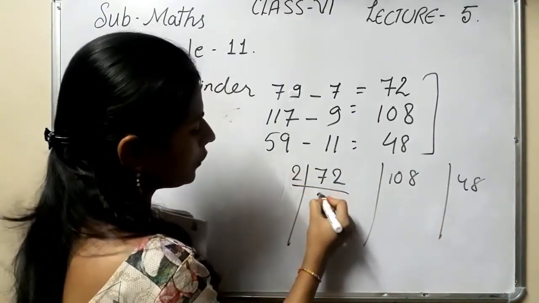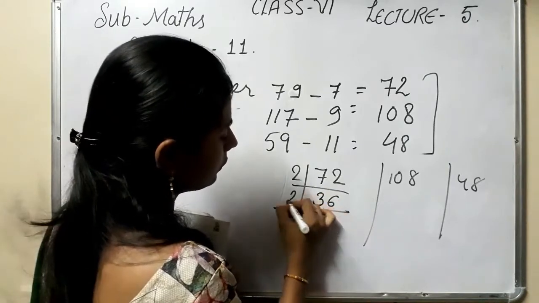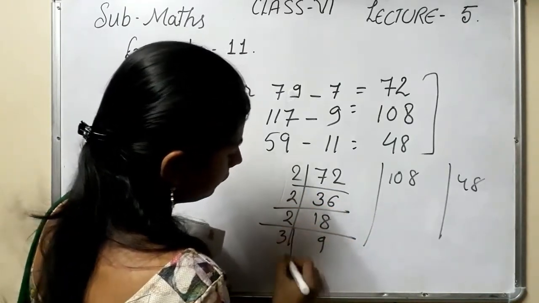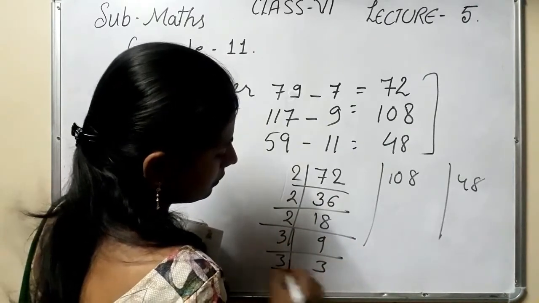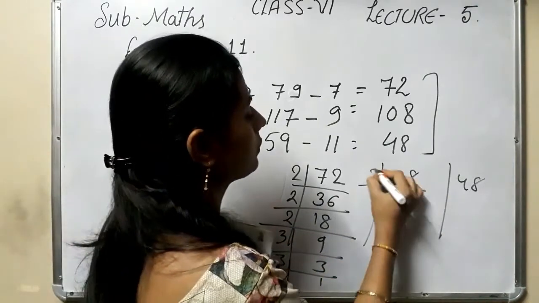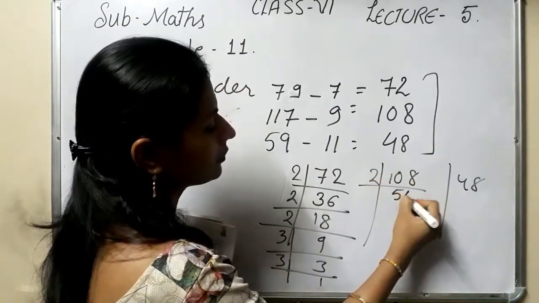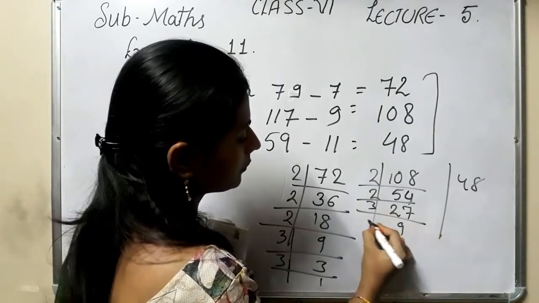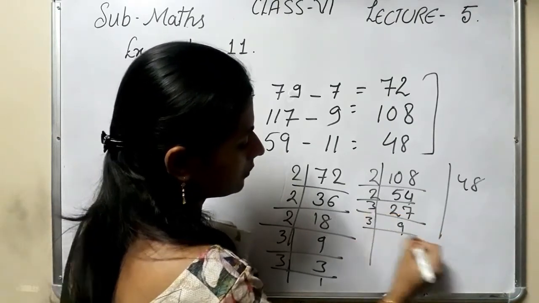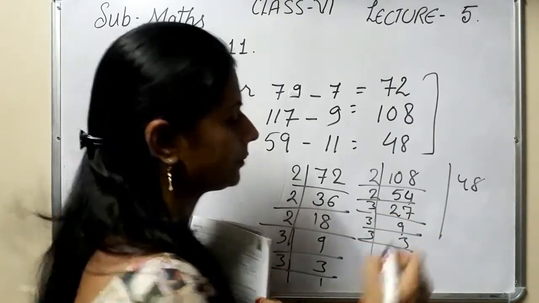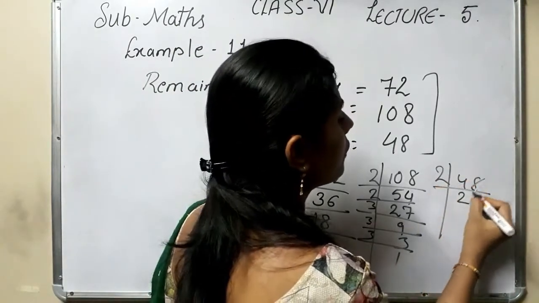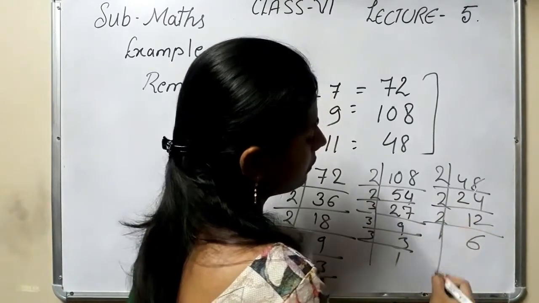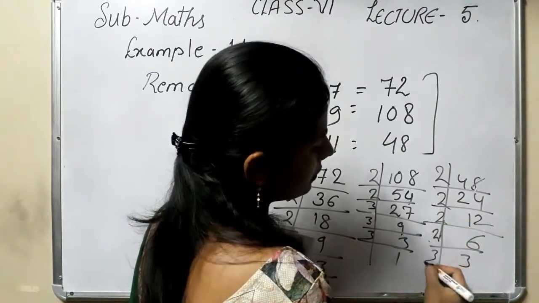By 2, 2 3s are 6, 2 6s are 12, 18, 9, 2 5s are 10, 1. Again 2, 2 2s are 4, 2 4s are 8, 12, 2 6s are 12, 2 3s are 6, 3.